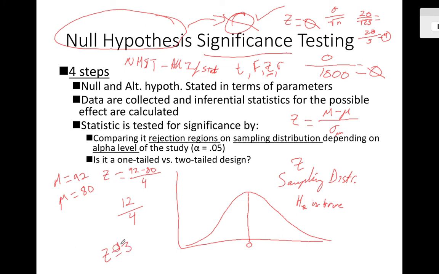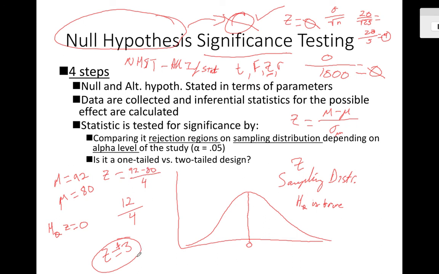And this is a positive 3, so always remember to put your positive or negative signs. So now what we want to do is say the following. Okay, I know that my null hypothesis predicts that z should be equal to 0, right? I calculated in my particular study a z-score looking at the difference between my sample mean and the population mean.